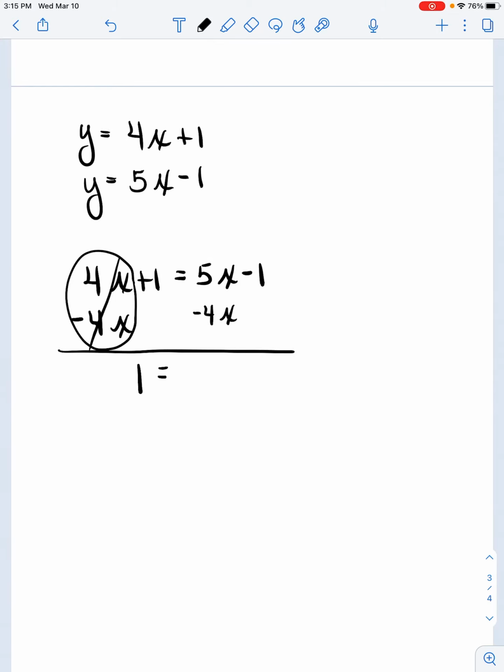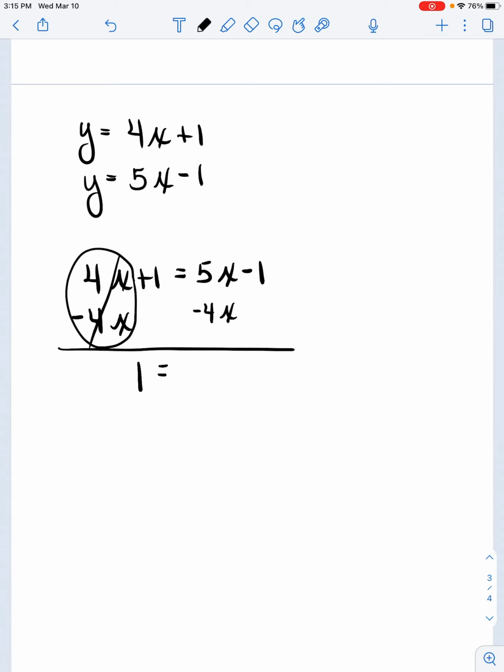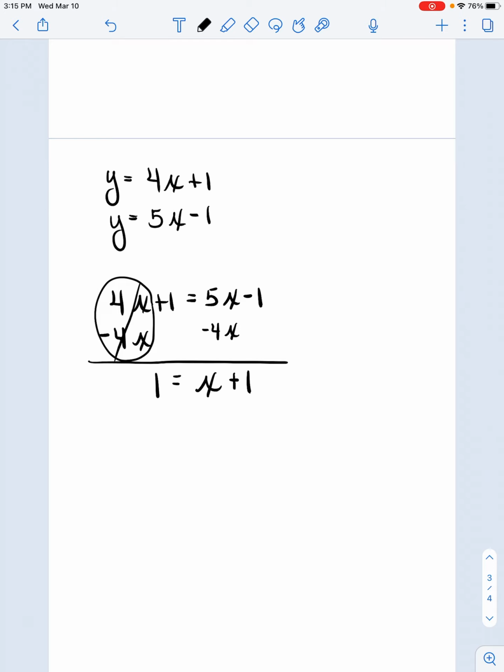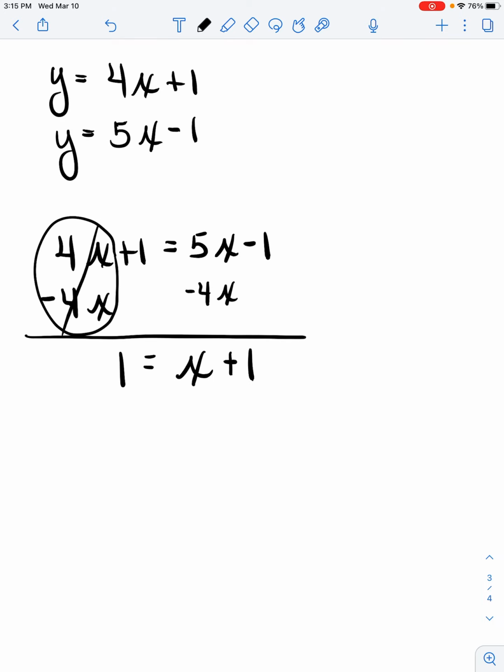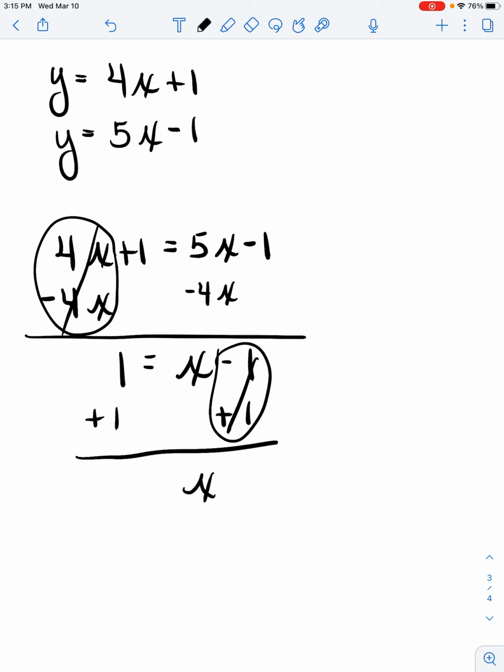And 5x minus 4x is just 1x. So x minus 1. And now I'm going to add 1 to both sides. This will cancel out, and x will be equal to 2.